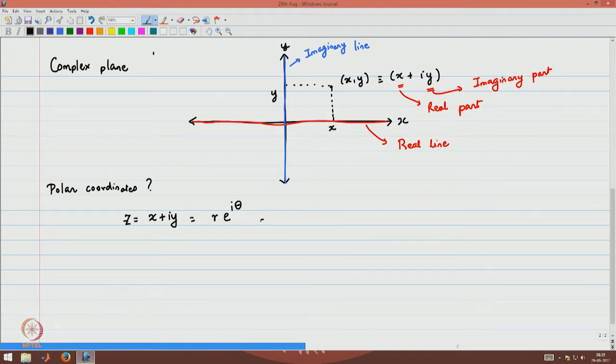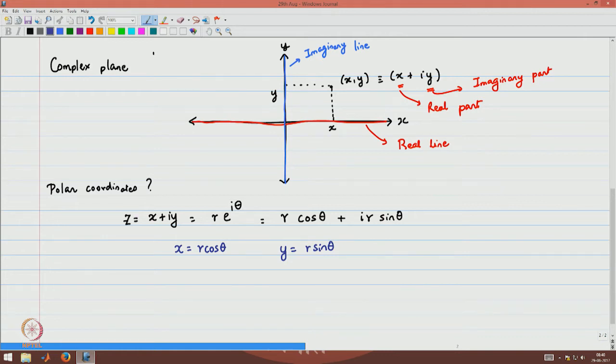In other words, e to the i theta I can write as cosine theta plus i sin theta, so I multiply it by r and I get r cosine theta plus i r sin theta. Now this implies that x equal to r cos theta, y equal to r sin theta, just like usual polar coordinates.